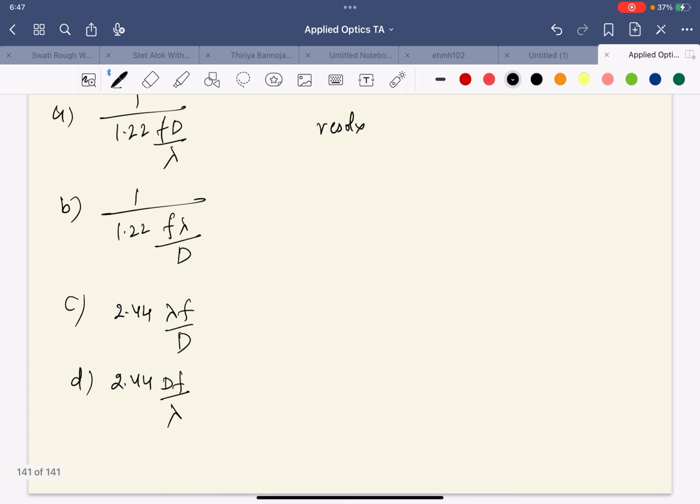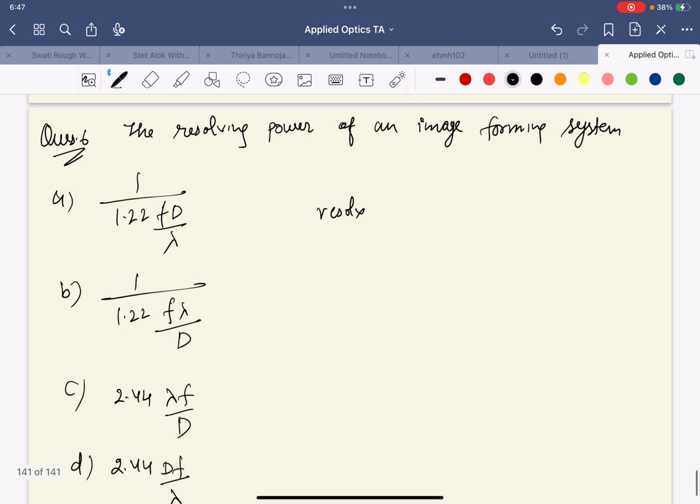So this resolution is 1 by d minimum, right? Or for angular resolution, I can say theta minimum. If we consider these formulas, we know theta minimum is 1.22 f lambda by d.